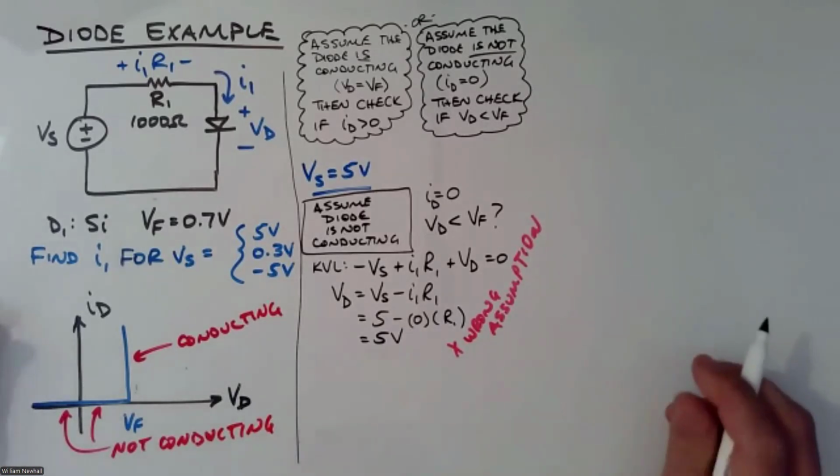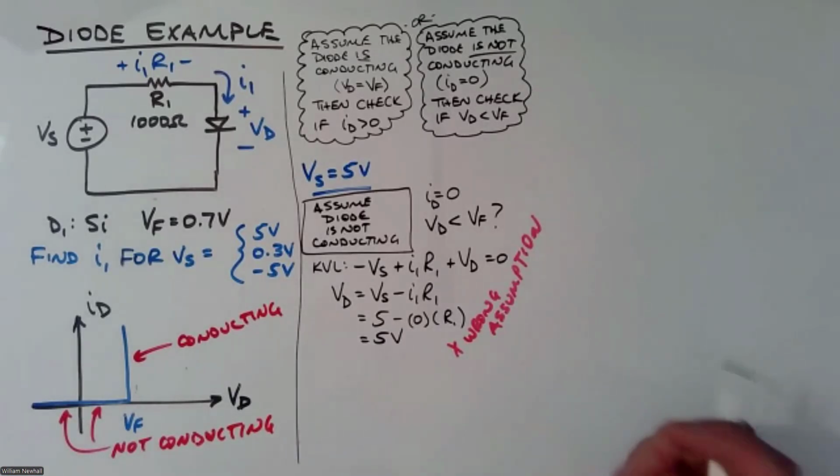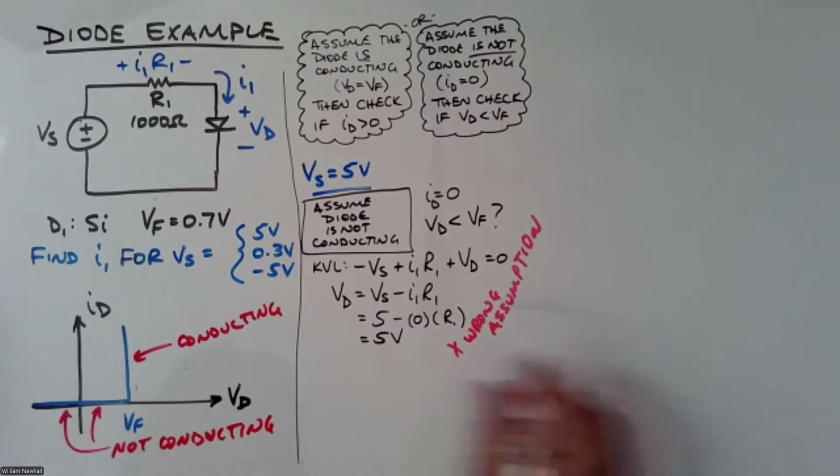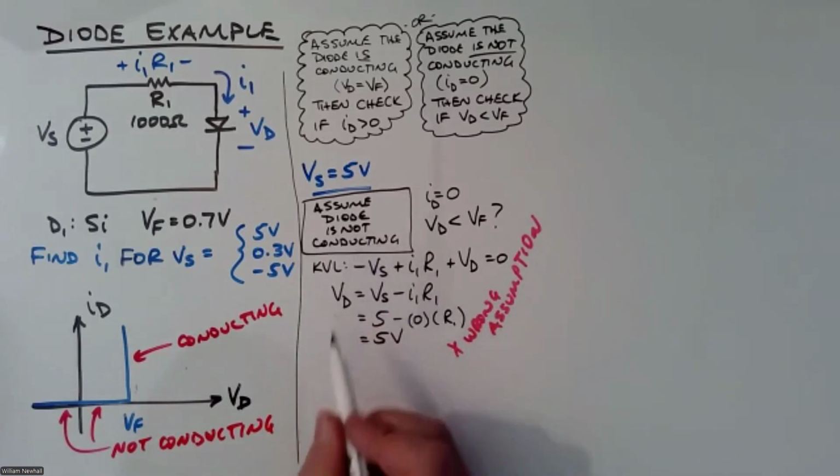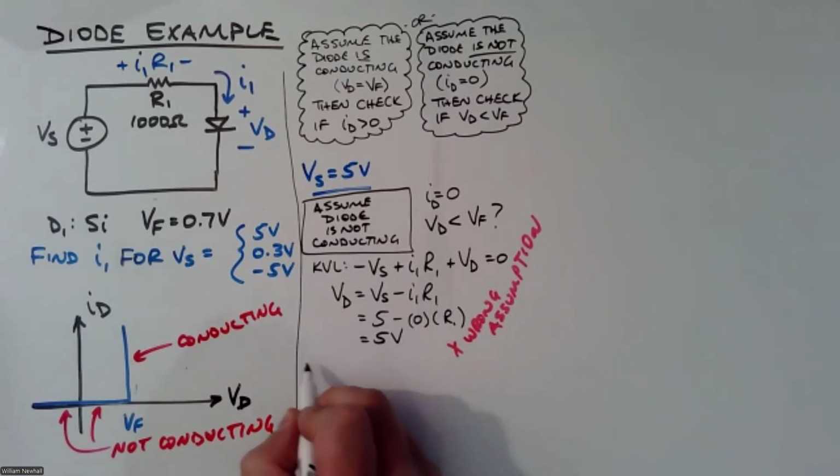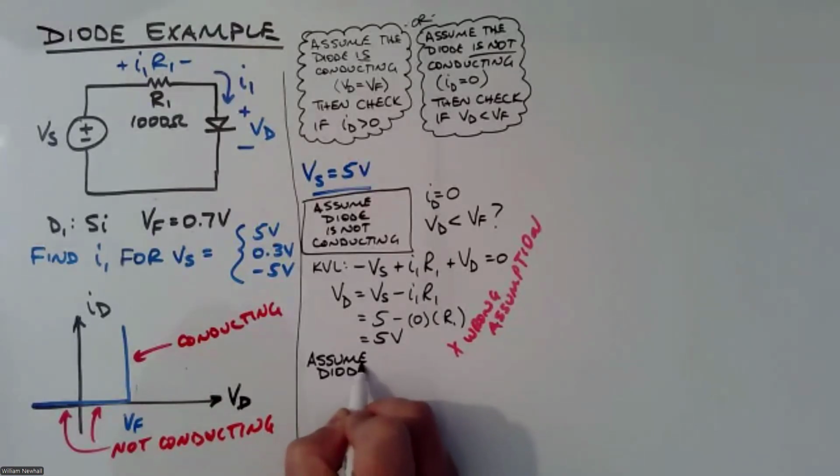All right. Well, then let's assume the diode is conducting instead. Figure out where that gets us. So let's assume the diode is conducting.